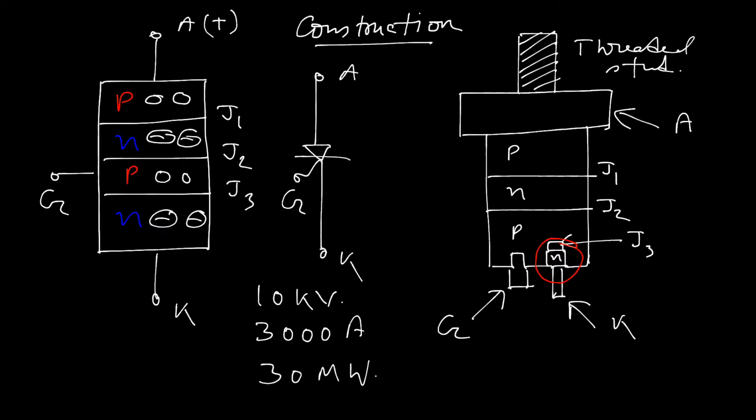That is why they easily move in this direction and this direction. So once we increase the anode voltage with respect to the cathode, the width of the depletion layer decreases.